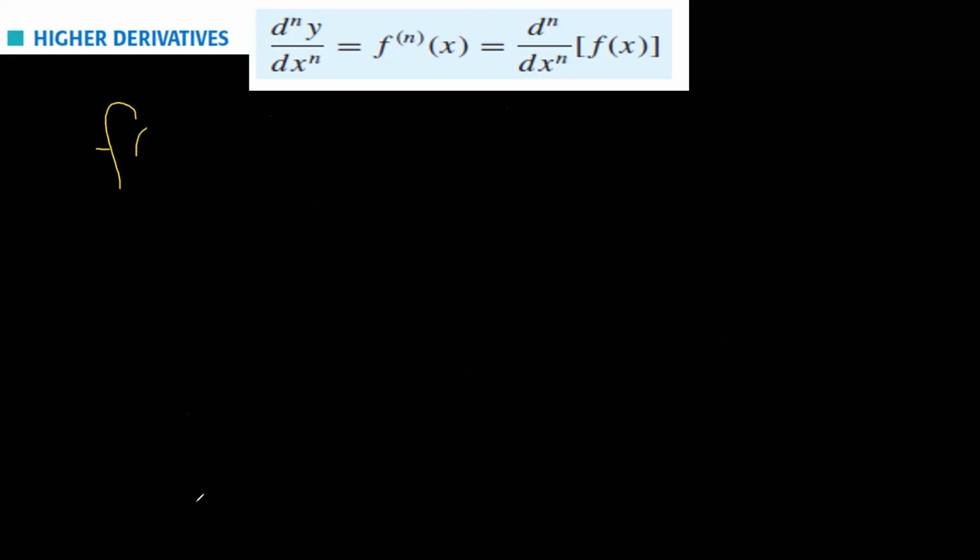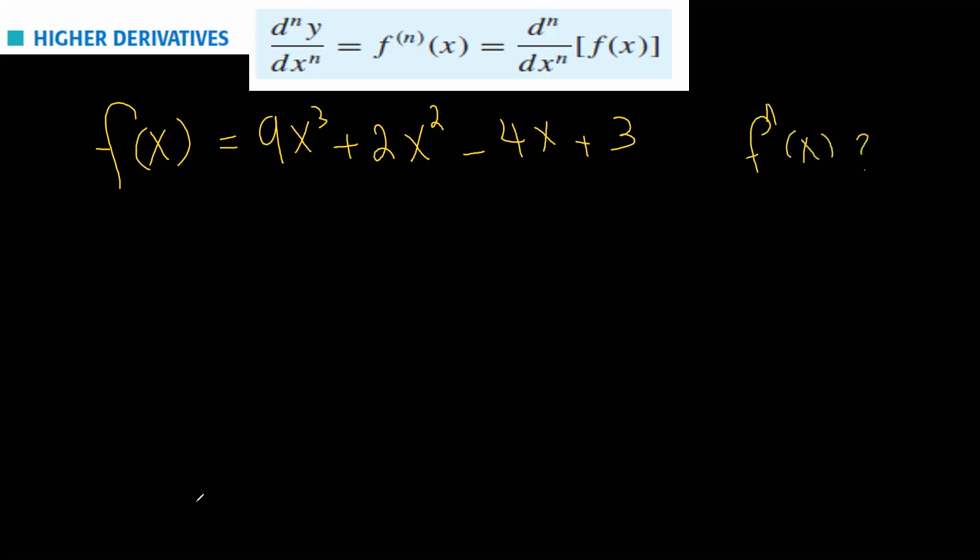If you know that f of x is 9x cubed plus 2x squared minus 4x plus 3, as an example, I ask you now to find f double prime of x. I have to find the first prime first, then the second prime. If I ask you to find the third prime, you have to find the first, then the second, then the third.